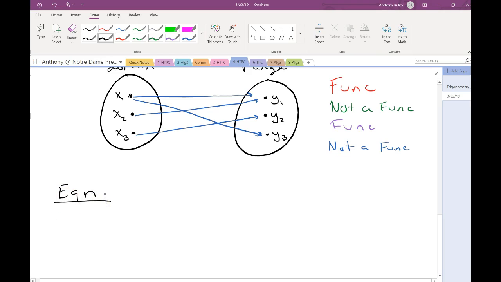Okay. The next situation I want to deal with is if we have an equation. So let's say we have something like x squared plus 2. Is this a function? Yes. How did you know? Great.